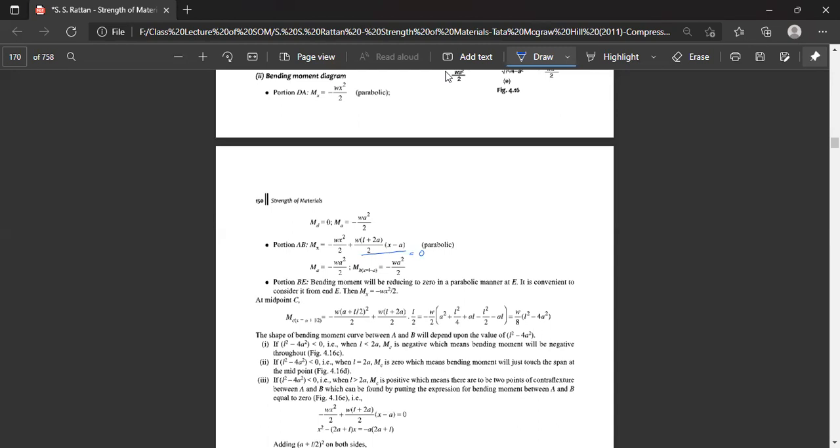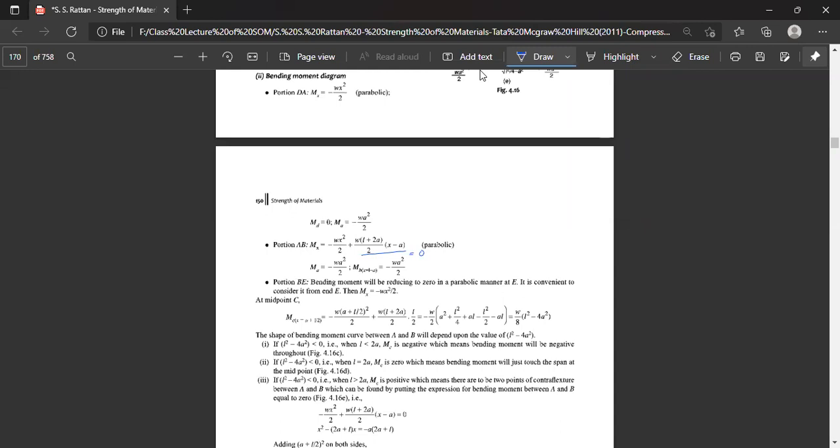And if l square minus 4a square is equal to 0, when l is equal to 2a, Mc is 0, which means the bending moment will just touch the axis at the midpoint of the span of the beam.